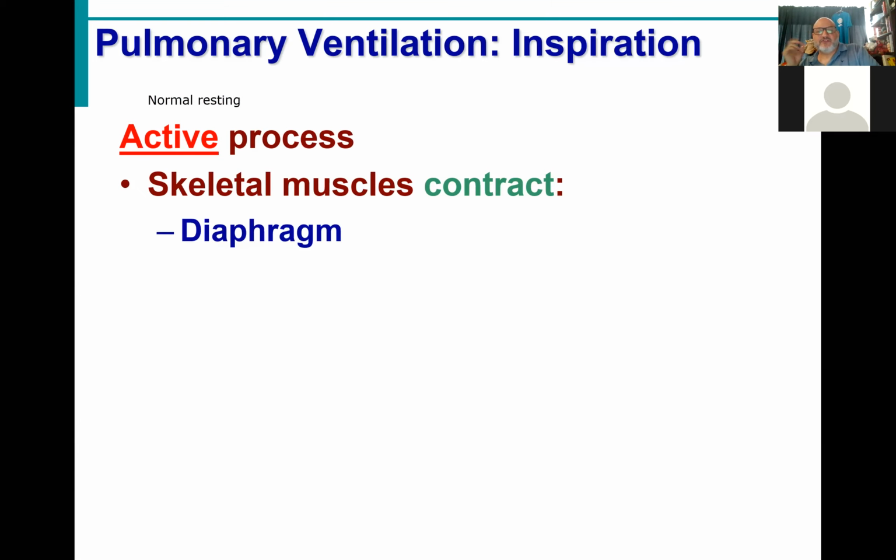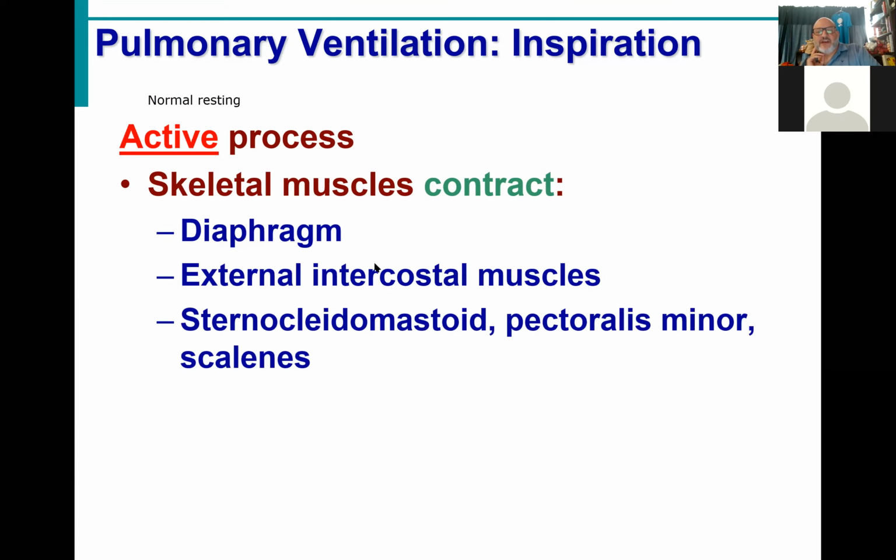Intercostals. Yeah, the external intercostals, absolutely. So the external intercostals can be involved, but it is absolutely primarily the diaphragm. This is indeed the primary muscle, but the external intercostals also help in this.